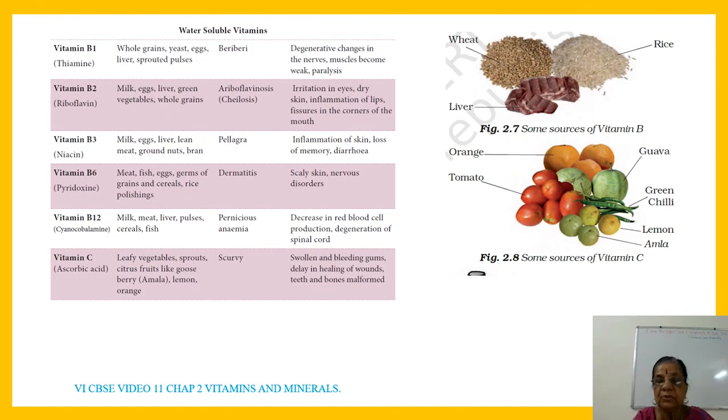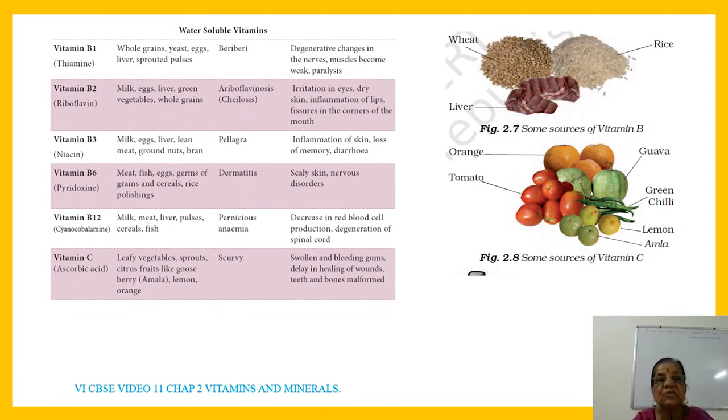This table you should learn with the technical terms or other names of vitamins. B1 thiamine, B2 riboflavin, B3 niacin, B6 pyridoxine, B12 cyanocobalamin, and vitamin C, it is ascorbic acid.